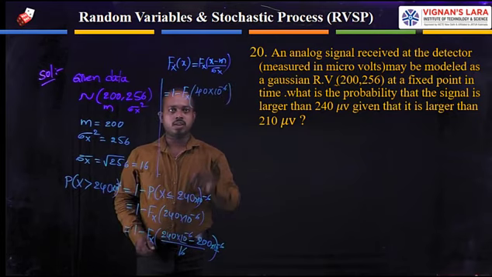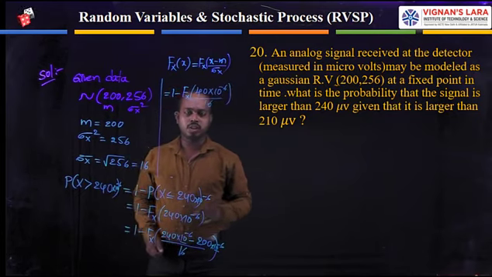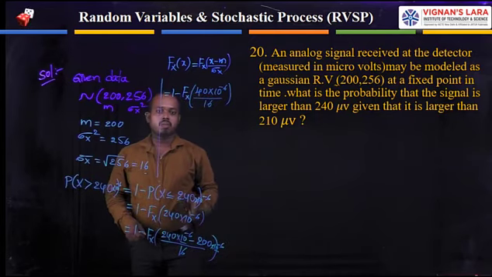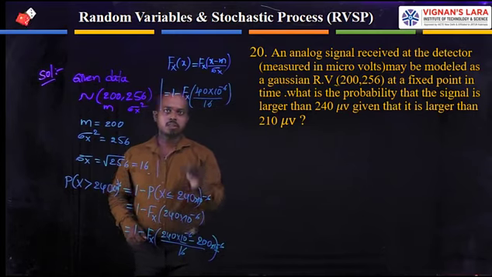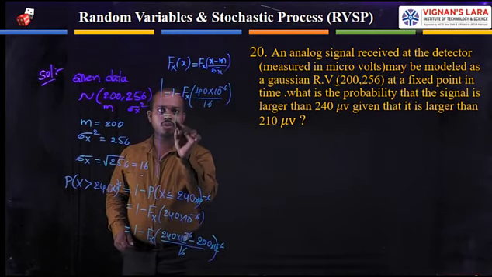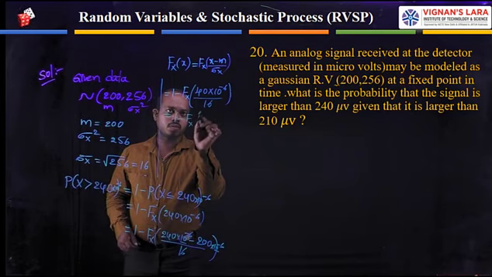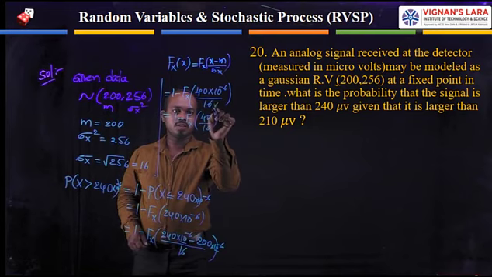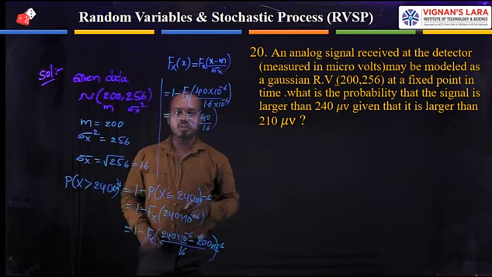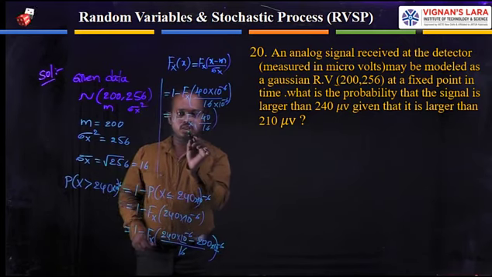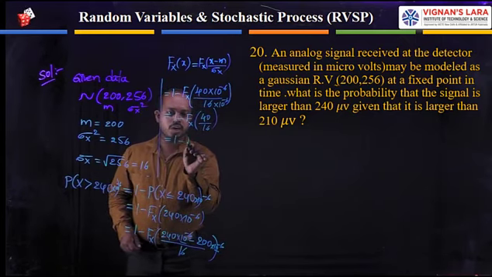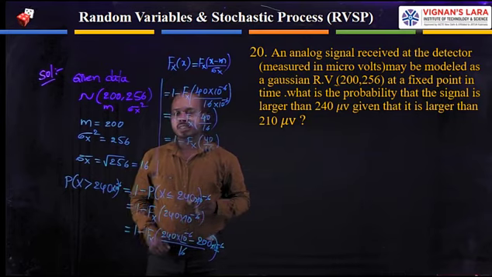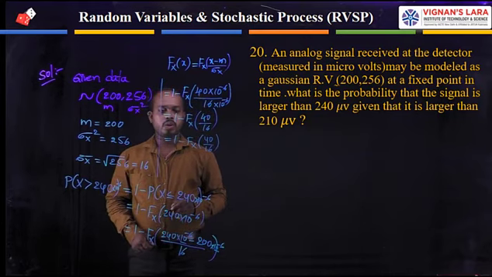Since the 16 is also measured in microvolts, you can cancel these two terms. You obtain 1 minus F of 40 divided by 16.